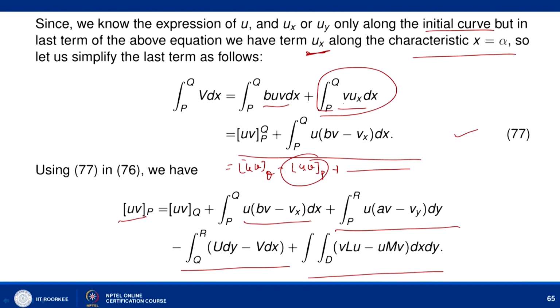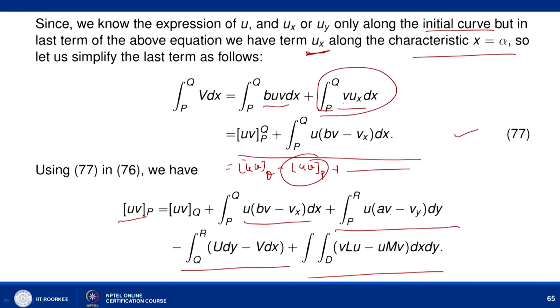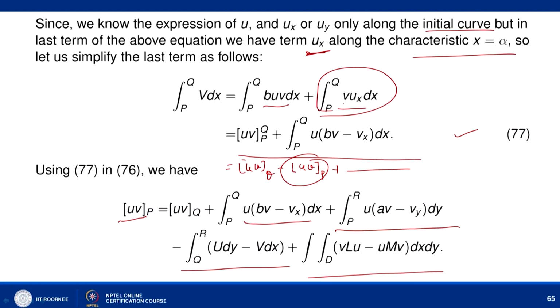On y equal to beta, what do we want? We want this term to go. So, we want that vy must be equal to av along PR. Now, what is PR here? PR is this. So, along x equal to alpha, we want vy equal to av, and similarly along PQ we want bv equal to vx.